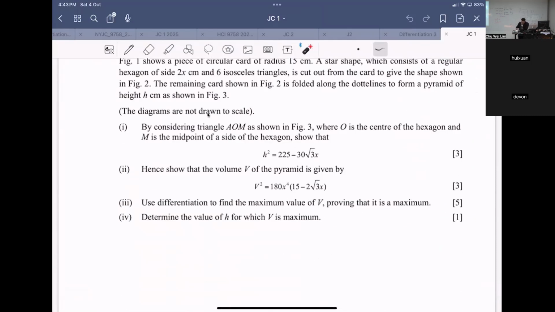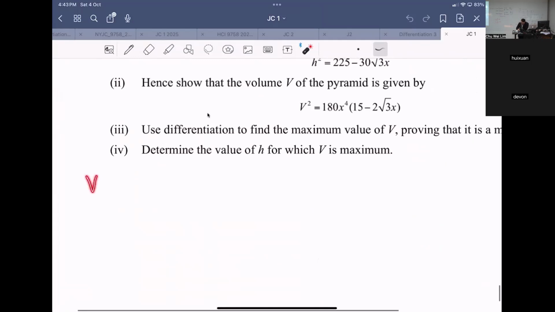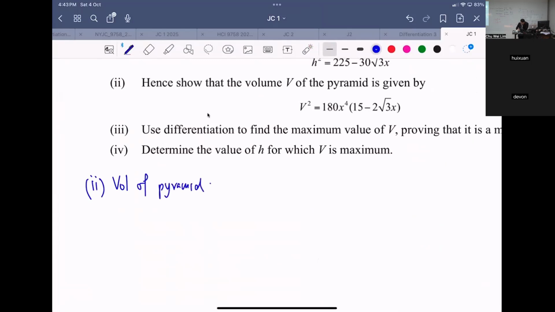Volume of pyramid, part two. Volume is one third base area times height.